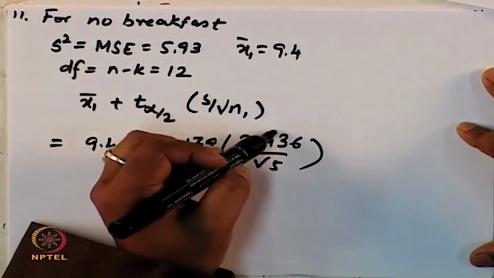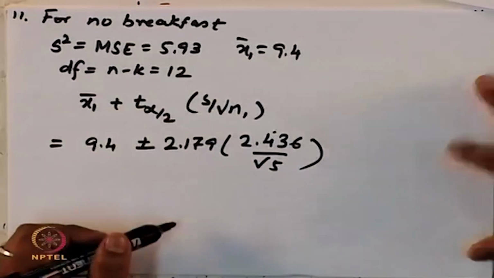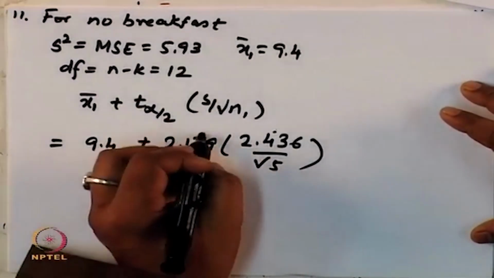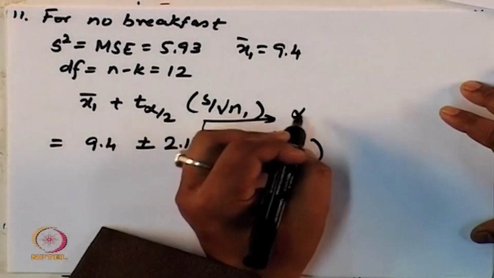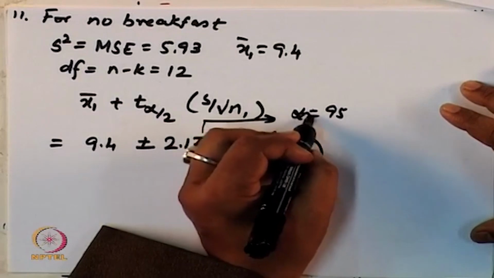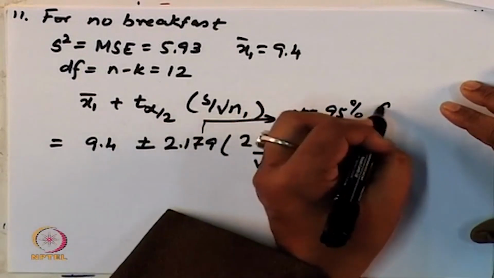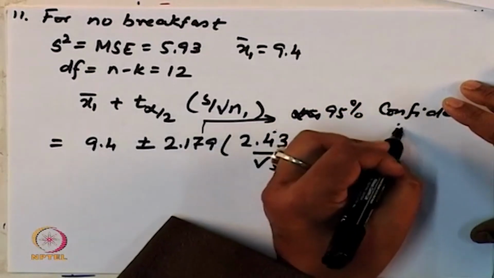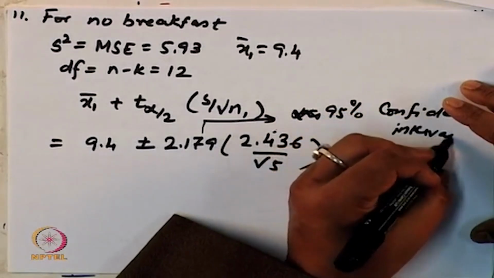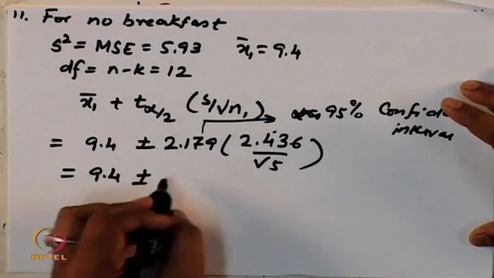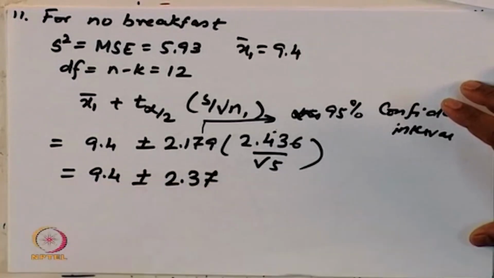This is S square, so you can compute the value of S as root of this value, and N1 was equal to 5. This is the confidence interval corresponding to 95%. So, this would come out to be 9.4 plus minus 2.37.